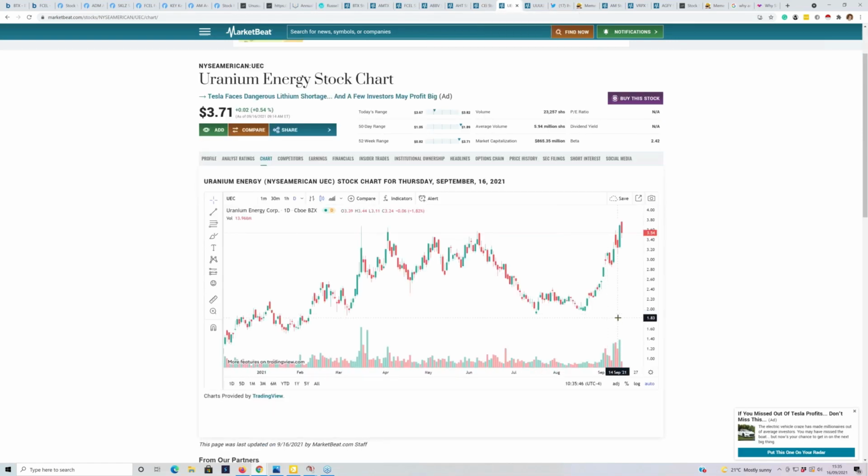This was another one, Uranium Energy, very much not quite so clear cut as the other one, except I would say you have a sort of double bottom there, and you've also got the support that goes all the way. It's a much more regular looking stock than the previous one.